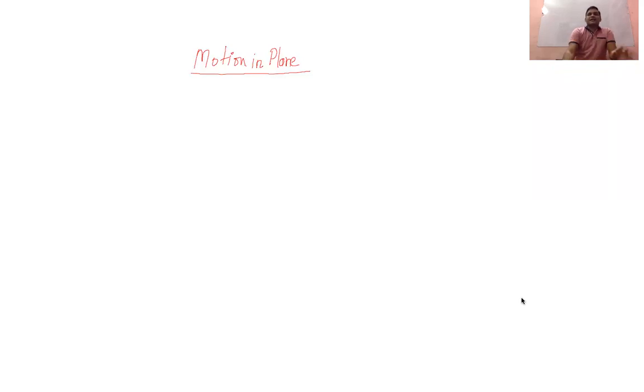If we are saying that we are going to discuss motion in plane, plane means what? You can just see like this, this is your x-axis, this is y-axis, and this is your z-axis.